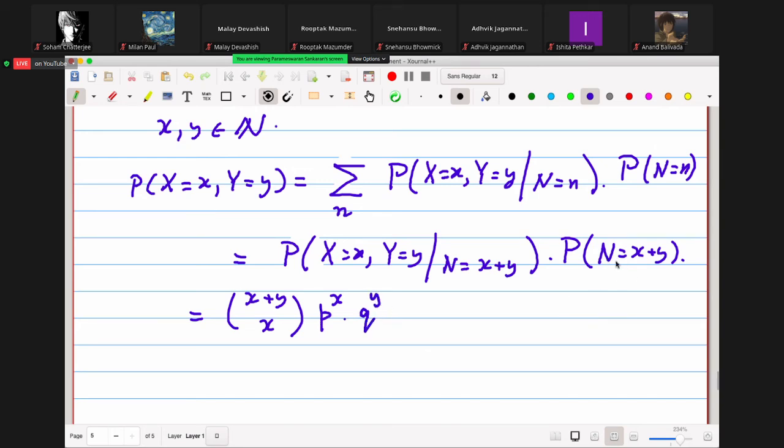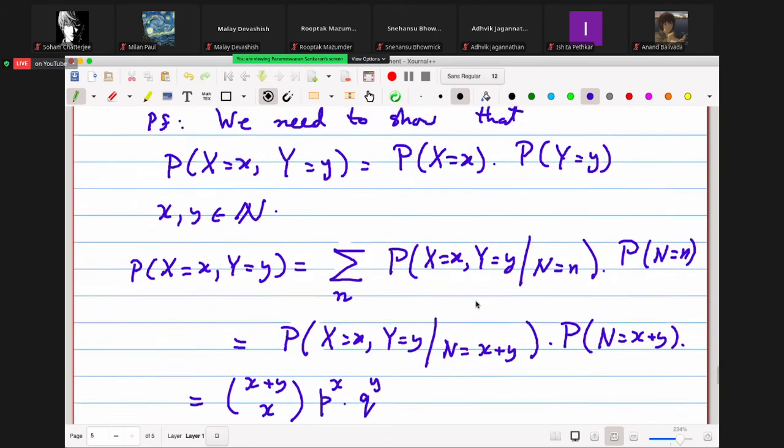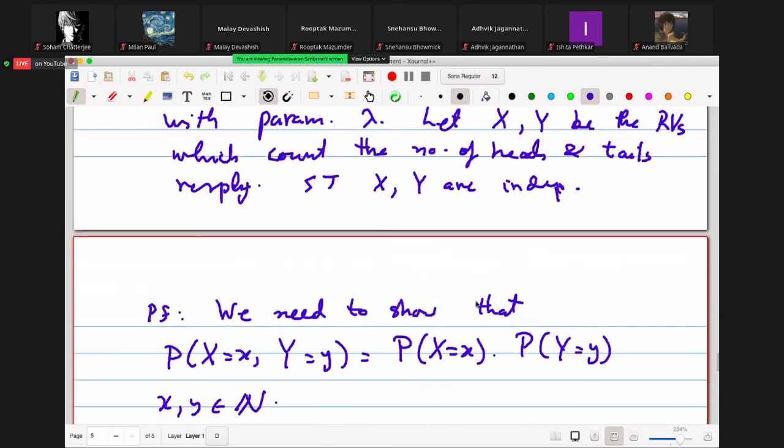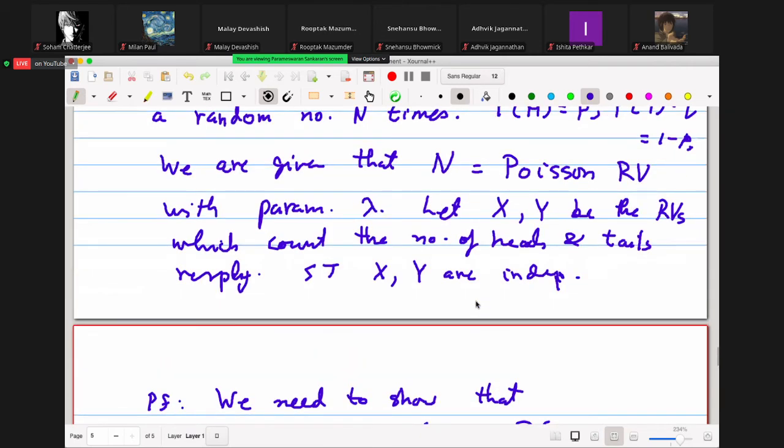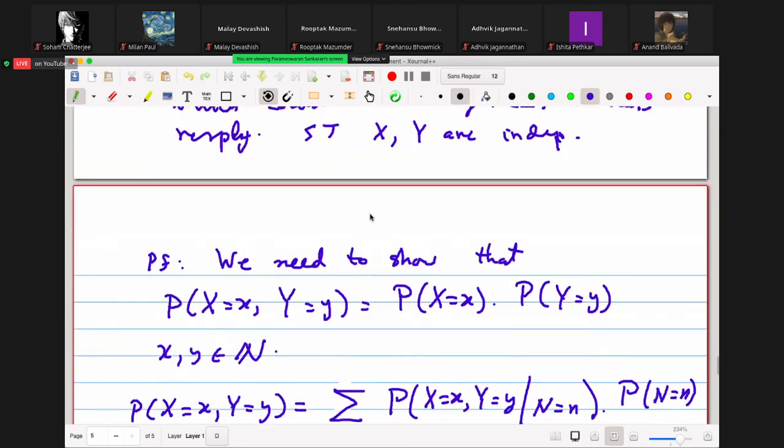And what is the probability that N equals x plus y? Capital N is a Poisson variate with parameter lambda.